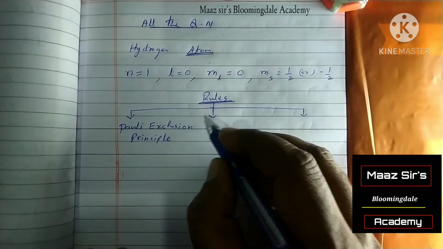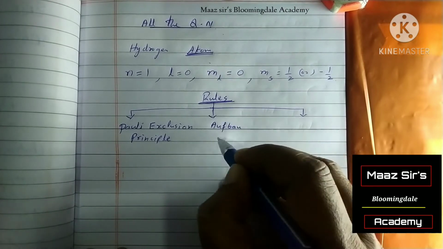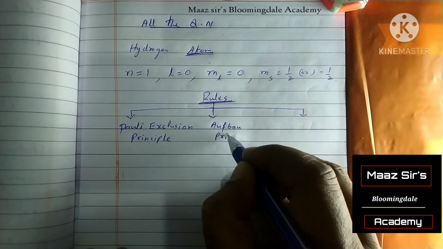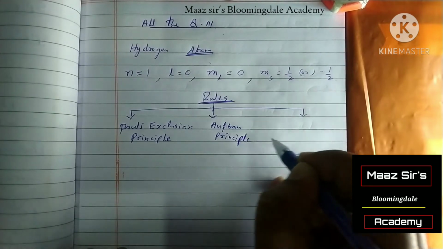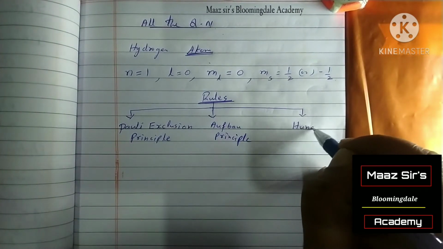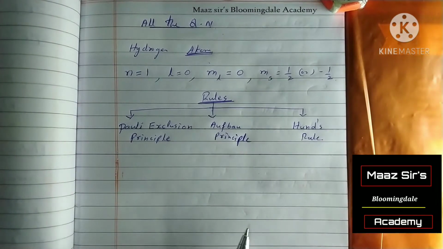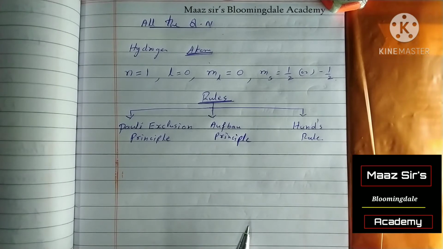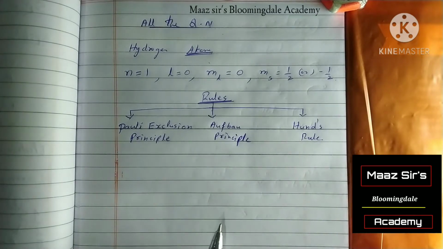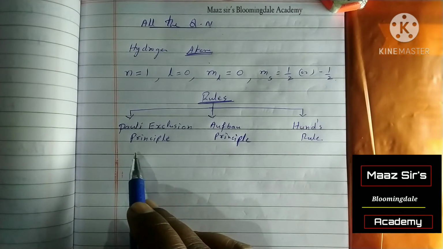Second rule is Aufbau principle. And the third rule is Hund's rule. Now let us see them one by one in detailed explanation.